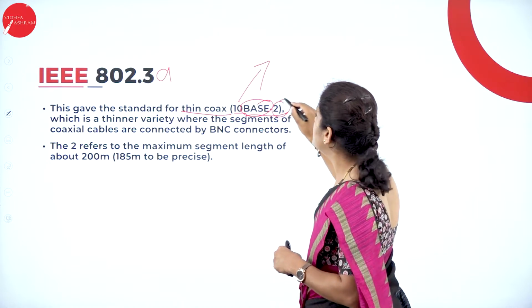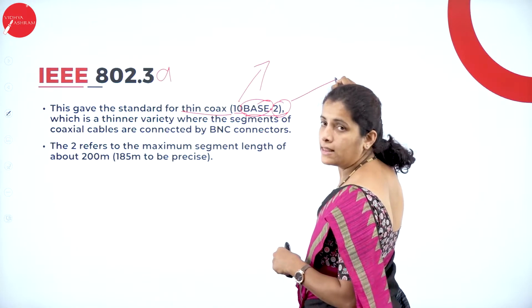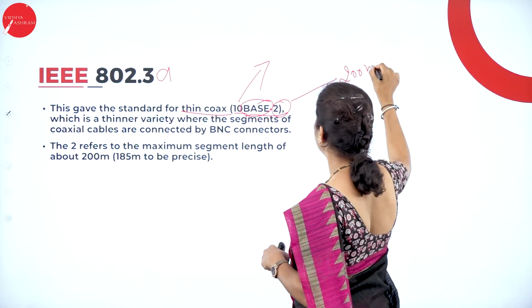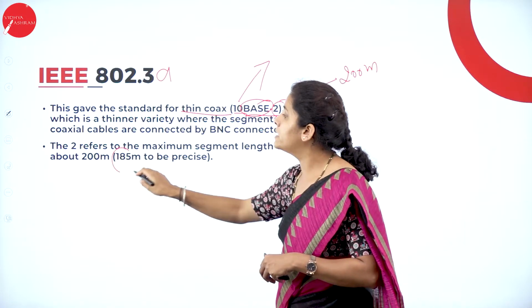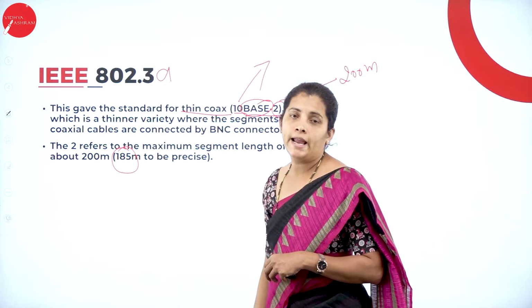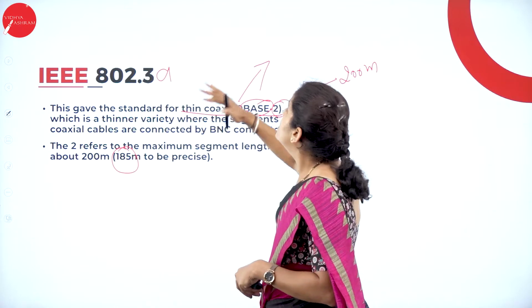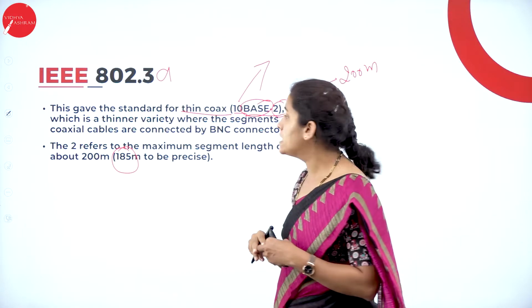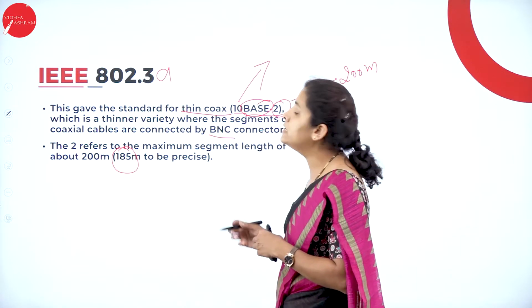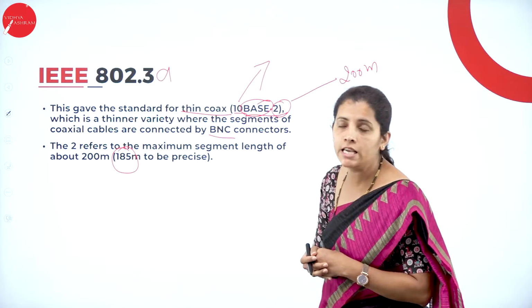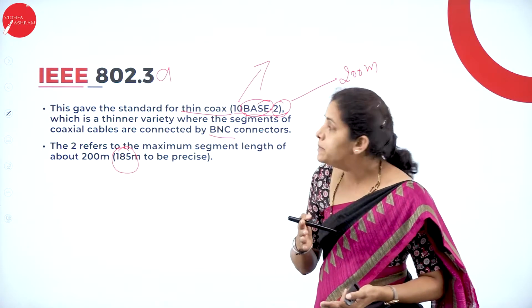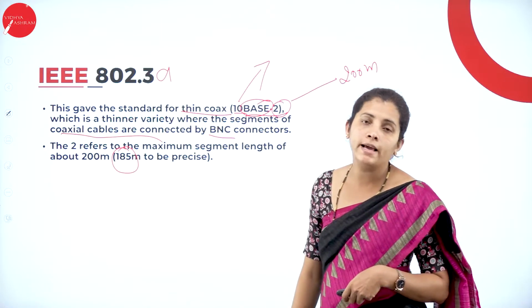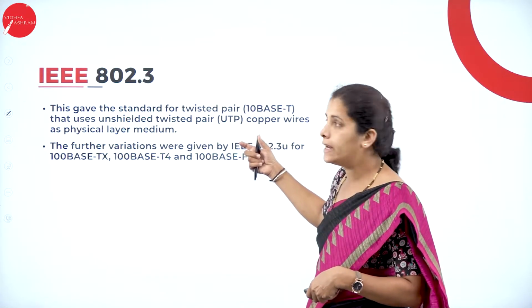Here 2 is the segment length, it is 200 meter, that is approximately 185. Here it uses BNC connector. I repeat, here it uses BNC connector. That means the coaxial cables are connected by using BNC connector.